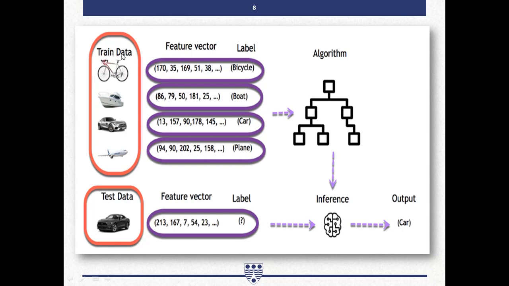Now in the training data, we have bicycle, we have boat, we have car, and we have plane. Of course, the machine doesn't understand images or videos, so we have to convert them into numbers. We convert them into vectors. When these numbers are here, we classify them as bicycle.